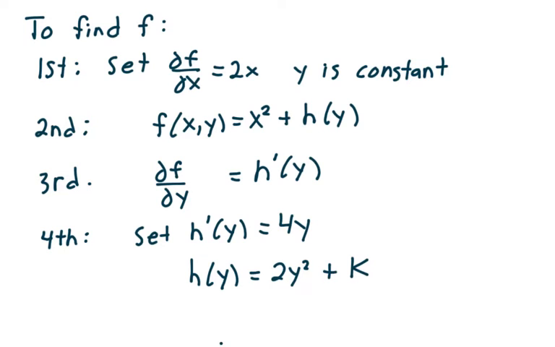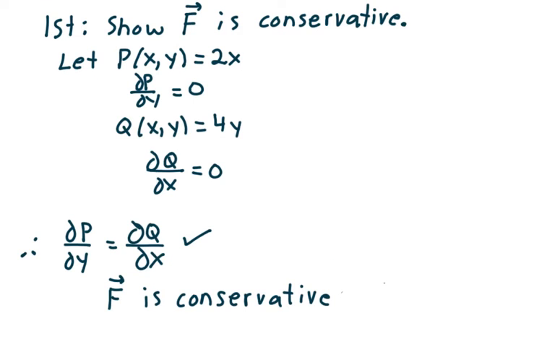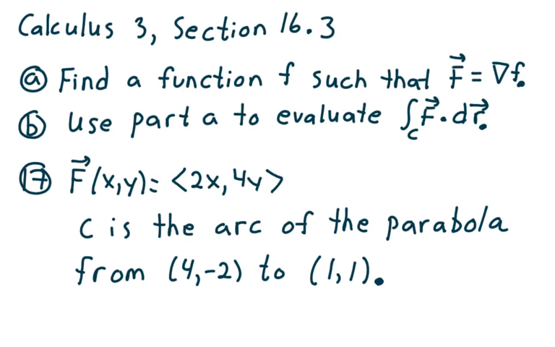They're all constants, and so to capture all the constants, we add h of y. Now we've got to get a handle on h of y. To do that, we take the partial of f with respect to y. That's going to be equal to h prime of y, because when you're taking the derivative with respect to y, x is constant. So I set h prime of y equal to 4y, the second component.